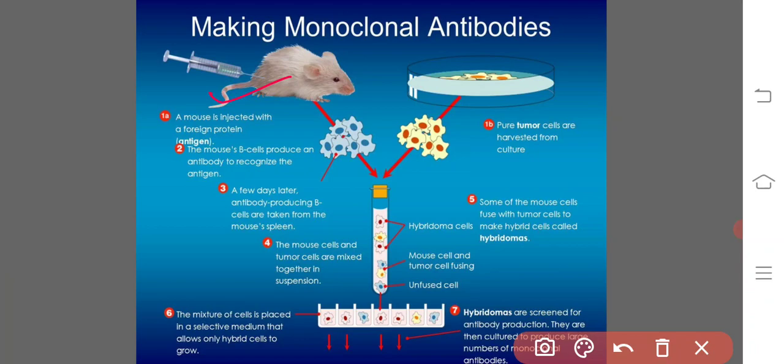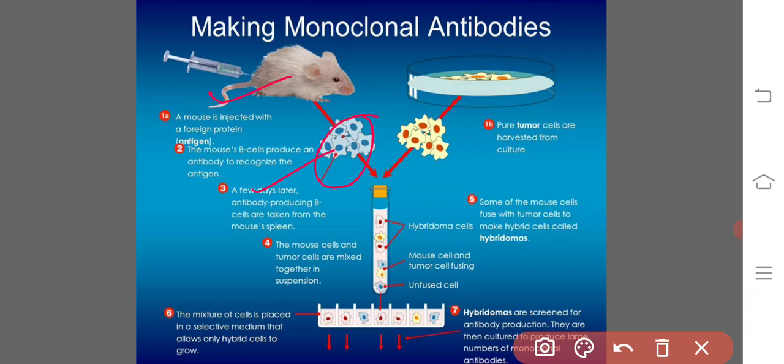And later on, after a few days, remove the spleen from the mice and collect the antibody producing B cells.